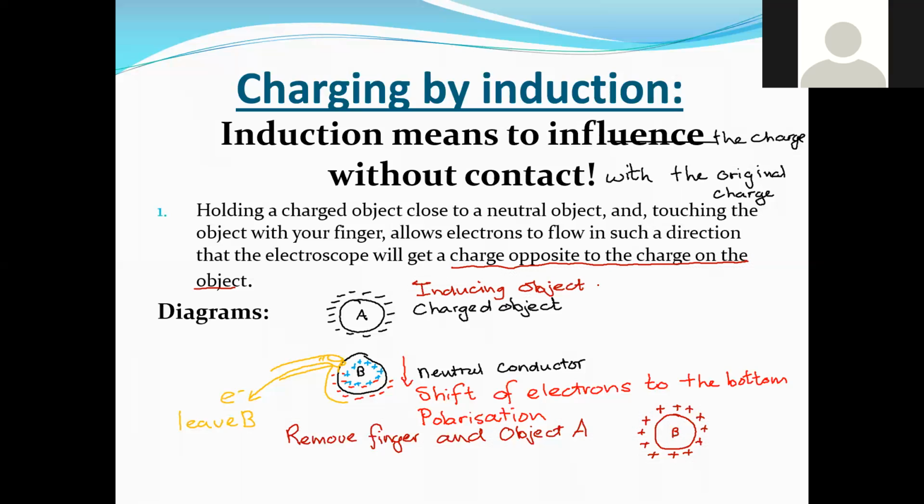I just need to read my sentence number 1 here because I think I've changed some words. It will not make sense now. So holding a charged object close to a neutral object and touching the object with your fingers allows electrons to flow in such a direction that the neutral object will get a charge opposite to the charge on the charged object.